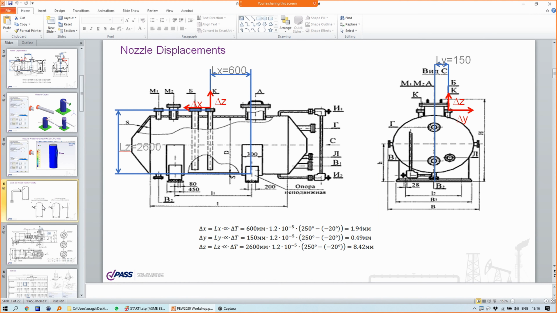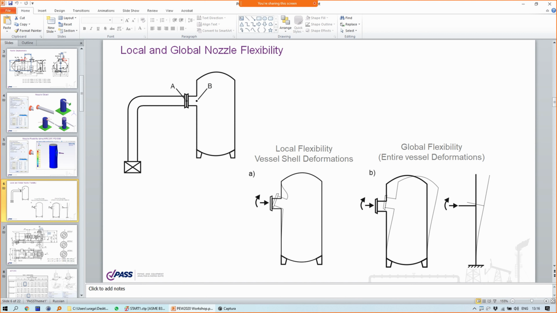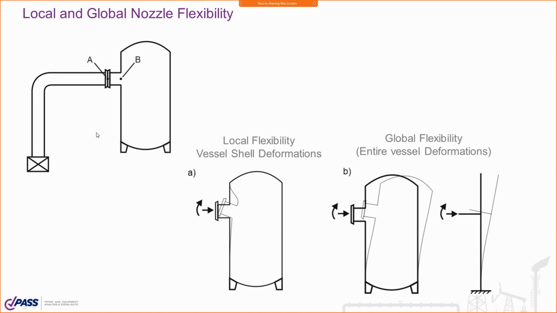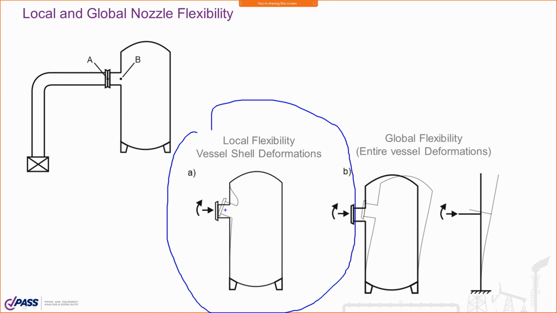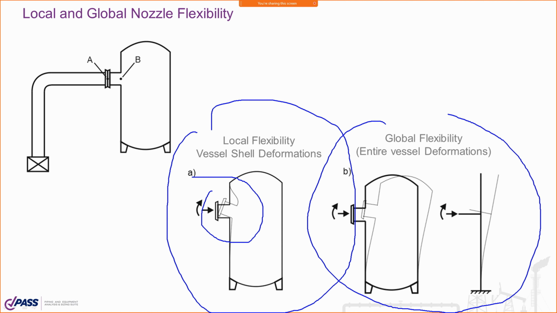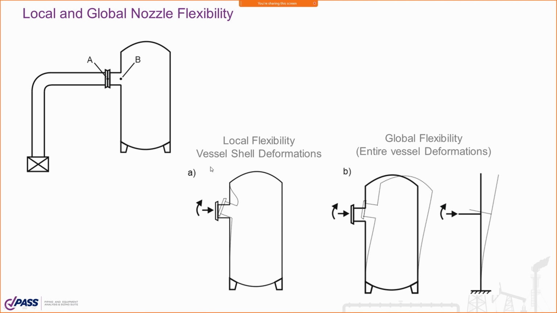What are the vessel flexibilities? We can have the local vessel flexibility, the vessel wall flexibility, and also we can consider the global flexibility of the vessel, when the whole vessel is deformed under the applied loads. How to do this?